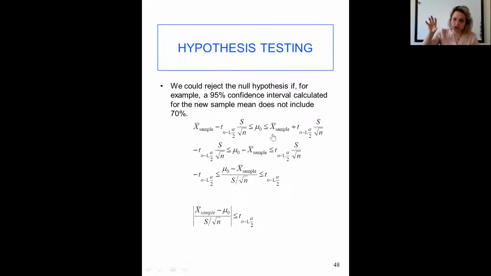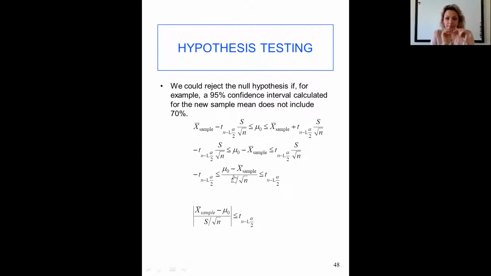So this new value that we find, mu minus x bar over s over square root of n, if we rewrite it and take the absolute value of it, because it has the absolute sign here, we can write x bar minus mu over s over square root of n. You can write it as mu minus x bar as well, it doesn't matter.